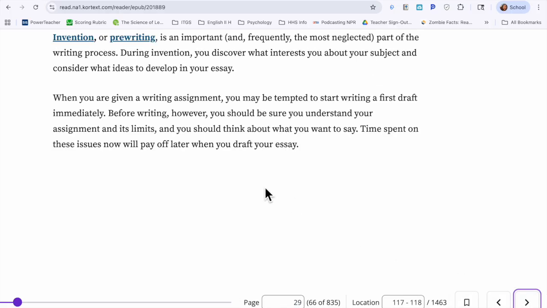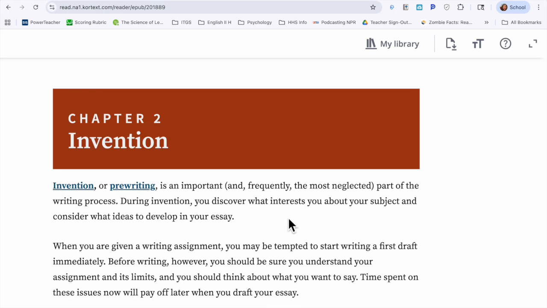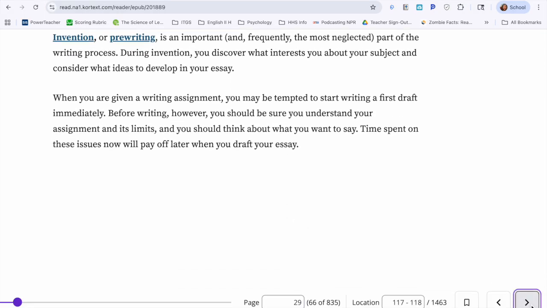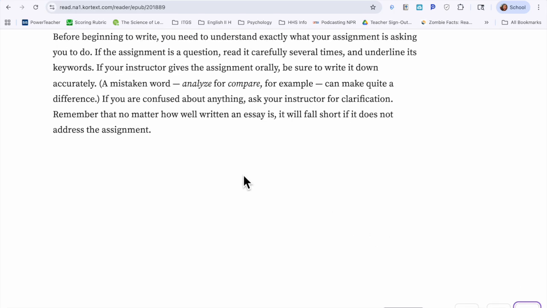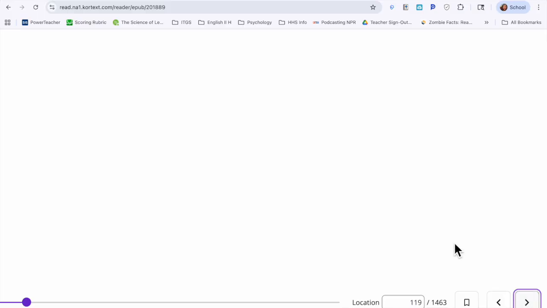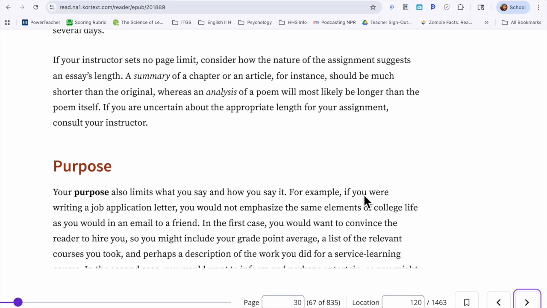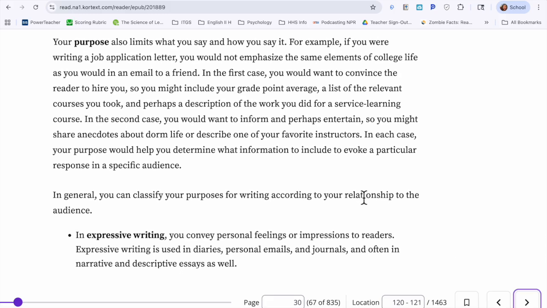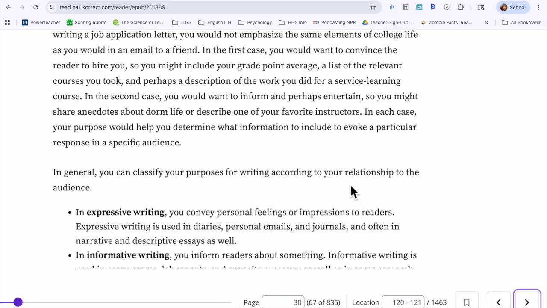I've also asked you to take a look at chapter 2, inventions. And invention has to do with your pre-writing. In the pre-writing, you need to understand that your purpose is going to be to complete the visual rhetorical analysis. So you are going to look at this image, whichever image you pick.